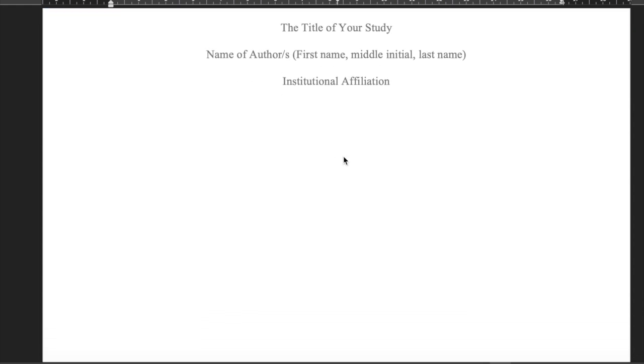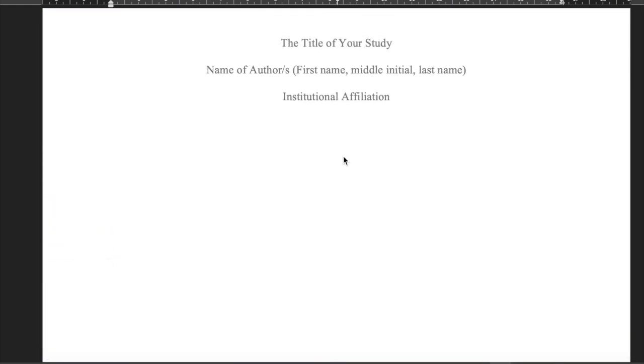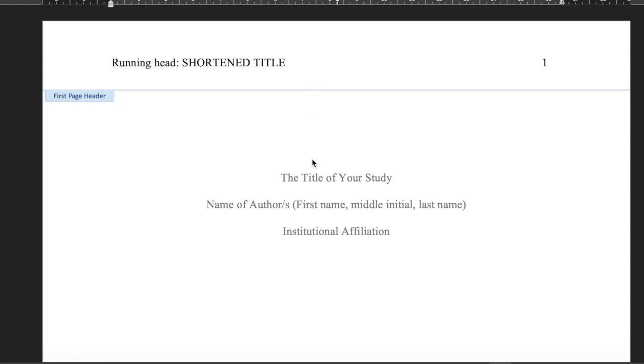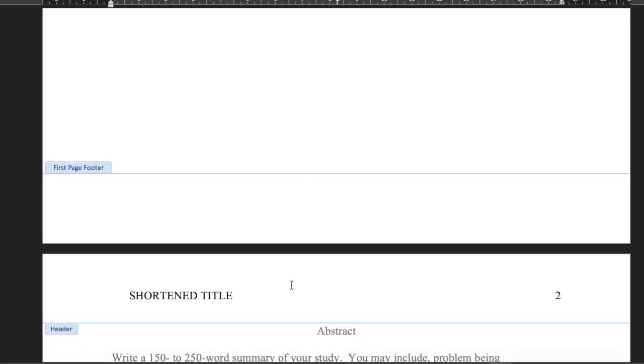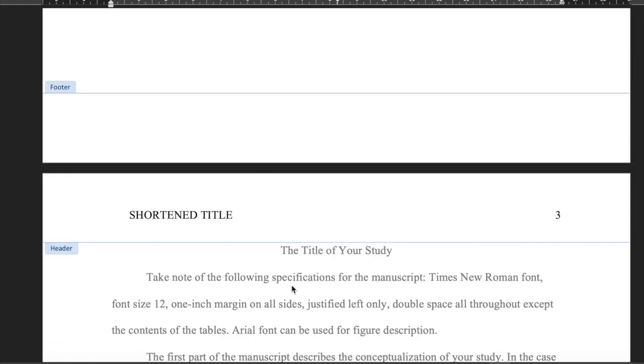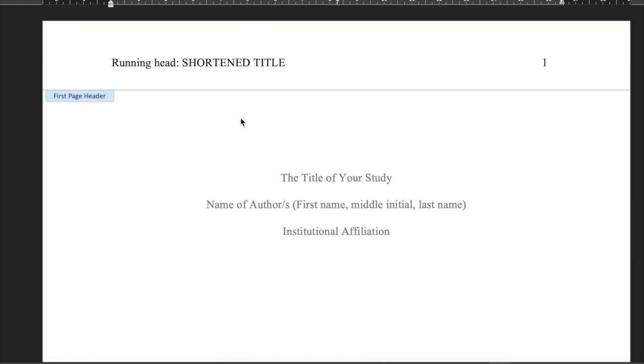Because the first page looks somewhat different compared to the header in the second page and so forth, in Word there is an option for the first page of your paper to look different. So kindly explore that.